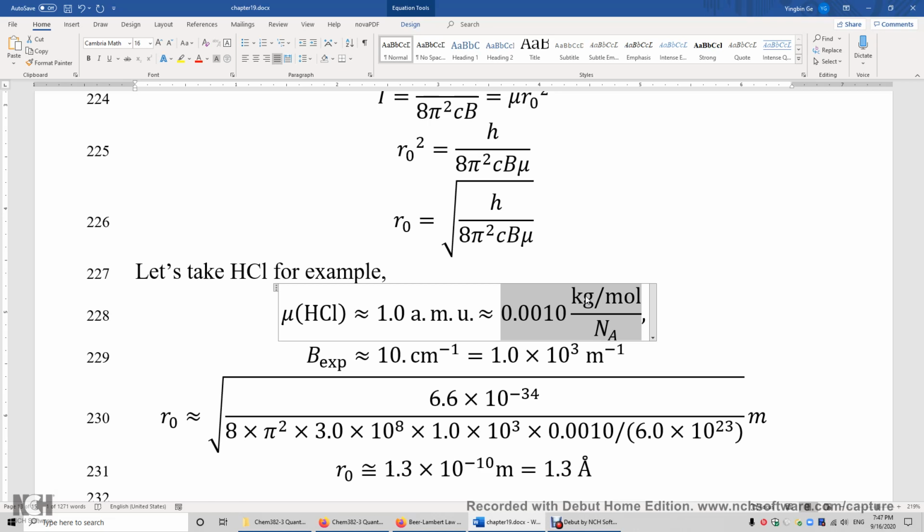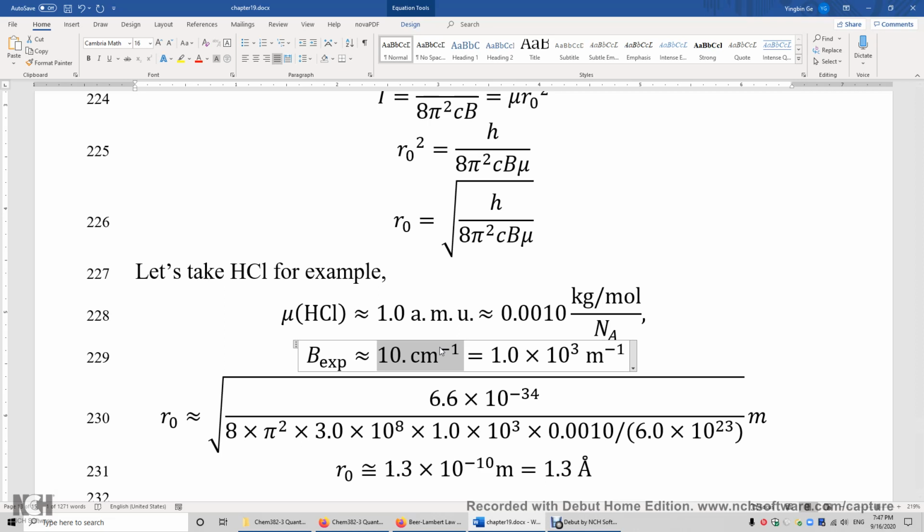Kilogram is the SI unit of mass. And then if you measure B for HCl, I think it's around 10 wave numbers, where one wave number is 1 reciprocal centimeter. And this means 10 waves within this 1 centimeter. So the wavelength is actually 1 millimeter.